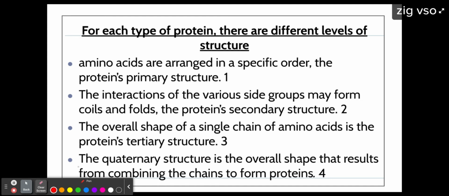For each type of protein, there are different levels of structure. The primary structure is just a sequence of amino acids. So there's no three-dimensional shape. It's just those R side chains, which give each amino acid its unique identity, in a different sequence. So then when you have those R side groups interacting with each other, you can have coils and folds.